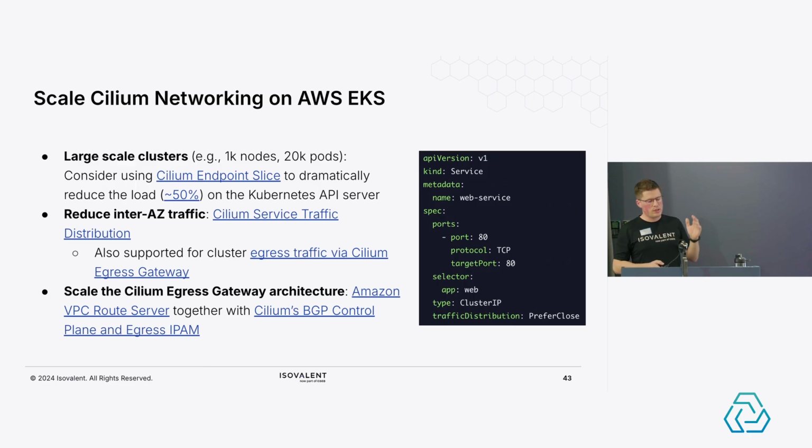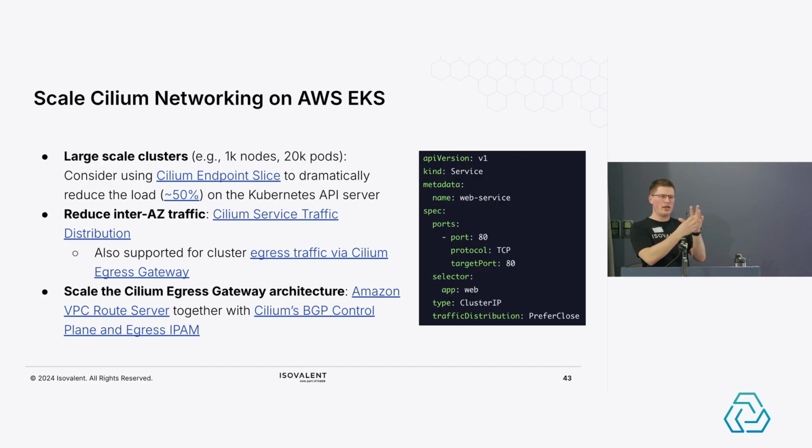But what's also possible is this third bullet point here, which essentially allows you to integrate Cilium's BGP control plane with the VPC route server. Then you can peer BGP and use a dynamic so-called egress IPAM IP pool from which the static egress IPs are taken.